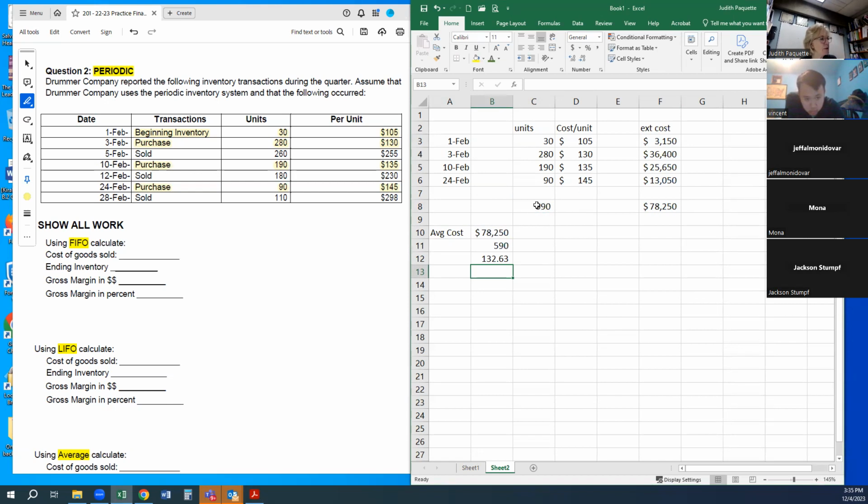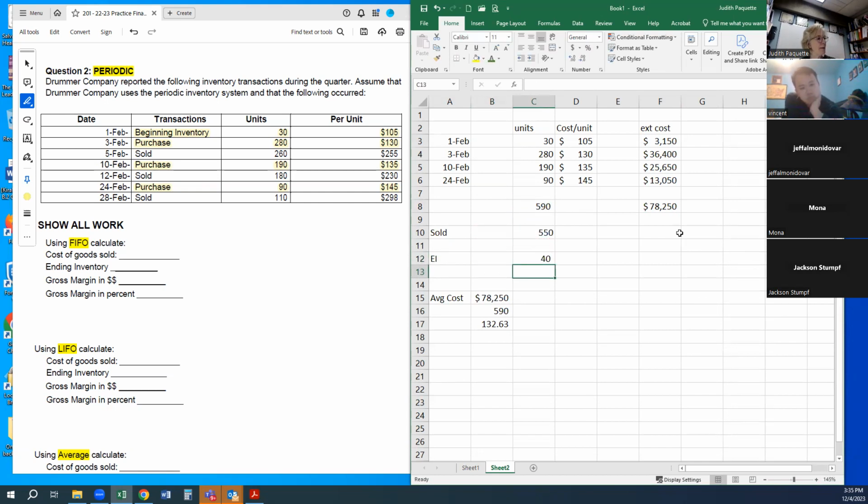Now, sometimes students only do what was sold. We sold 260, 180, 110, and ending inventory we have 40 units.